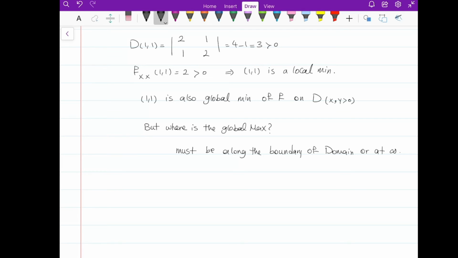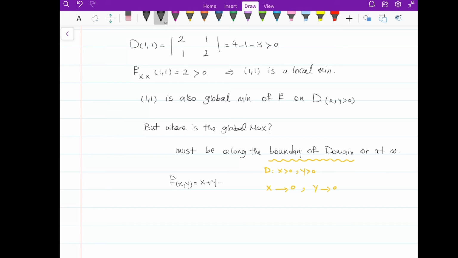So the boundary of the domain is x positive and y positive. So we're gonna take x goes to 0 for the y-axis, and then y goes to 0 to look at the x-axis. So let me write the function.